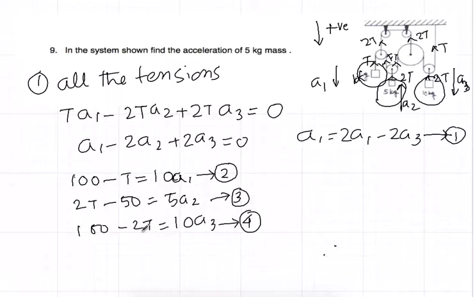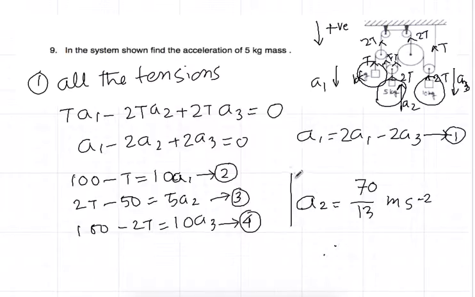I am not solving these four equations with four unknowns here. If you have any problem, you can come to me and I'll solve it. I know students get some problems in solving this, so please try to solve it. What we need is a2, and you will get a2 equal to 70 by 13 meter per second square.